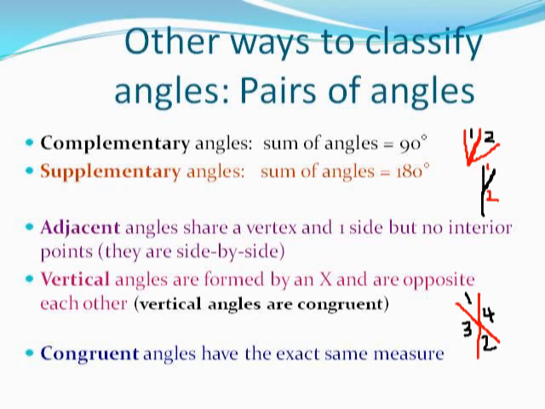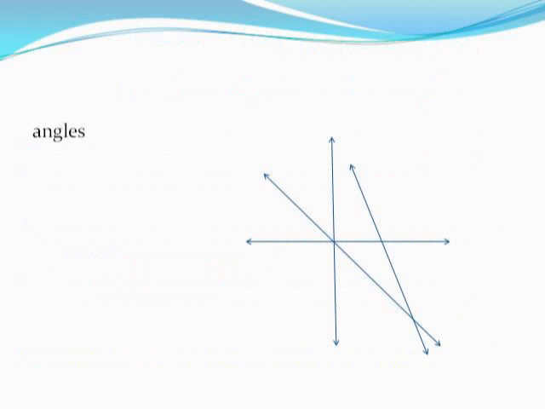So I'd like you to look with me at this drawing. We've got a lot of angles going on in here. See if you can find two angles that are complementary. Complementary. That means together they add up to 90 degrees.